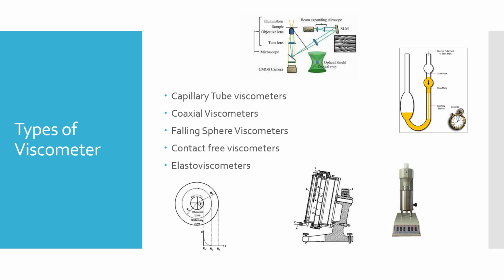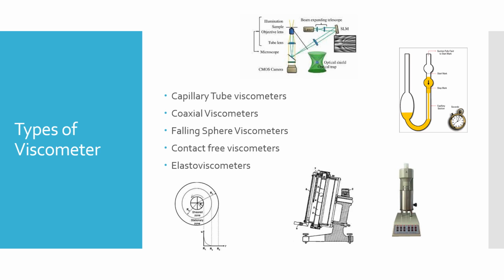So there are many types of viscometer that are commonly used in industry, and particularly capillary tube viscometers, coaxial viscometers, so they're your rotational viscometers, and falling sphere viscometers are used most commonly in industry. There's also contact-free viscometers, so they're optical tweezers, and they have a lot more sensitivity and accuracy. There's elasto viscometers, and there's many more types available out there.